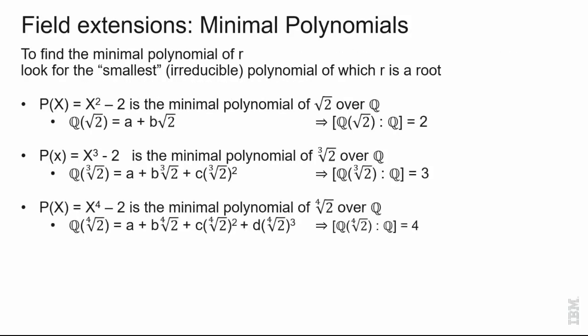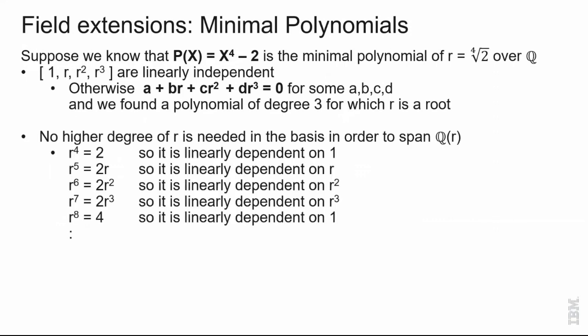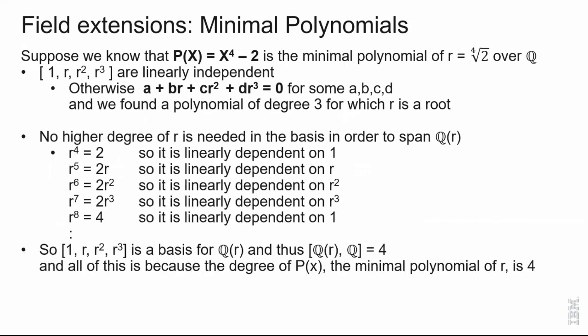The degree of the vector space of the extension field is always the degree of the minimal polynomial of the root that you added to it. And here's the proof. I will not go over it. It's here if you want to take a look. It's not very difficult, but this is the rule.